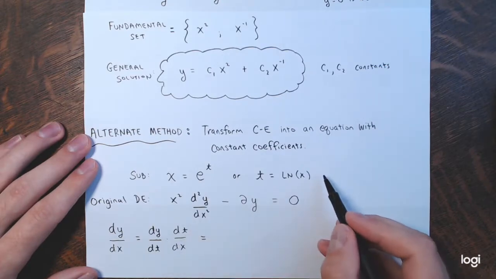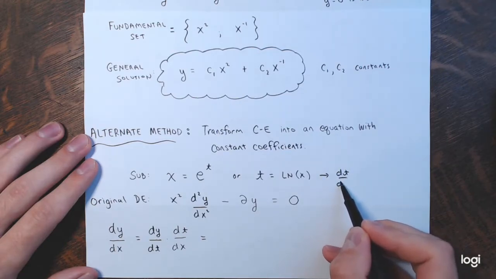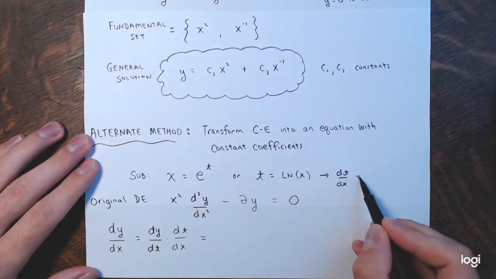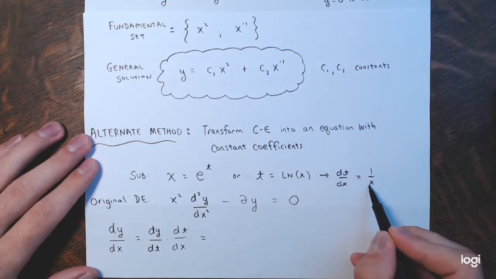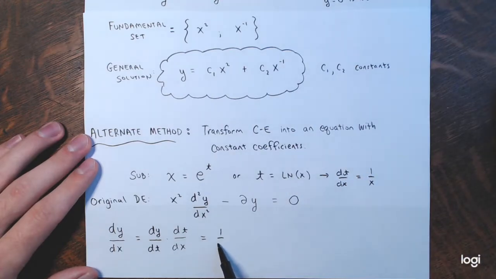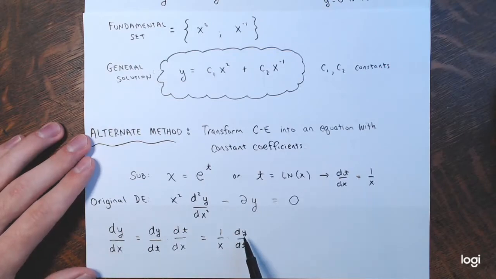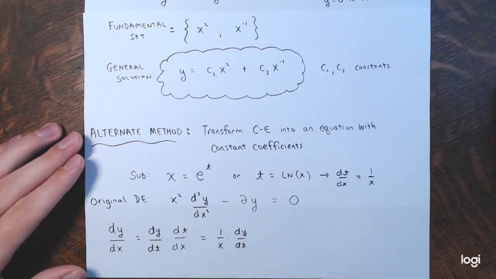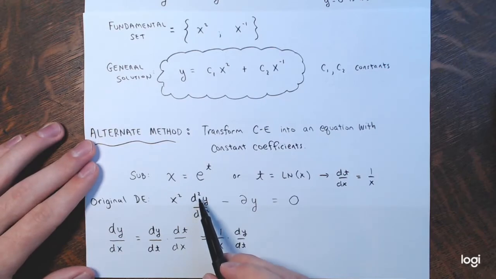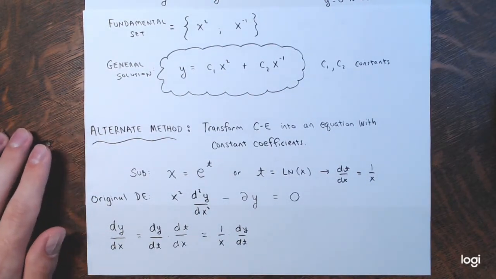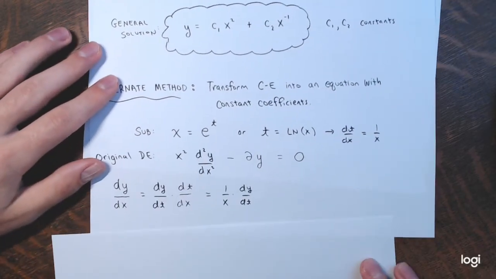And what is dt dx? All right, dt dx, the derivative of t with respect to x, is just the derivative of the natural log of x, which is 1 over x. So this is 1 over x times dy dt. Right. So that would be an expression I'd use to replace dy dx with something involving dy dt. But I want the second derivative of y with respect to x replaced with something.